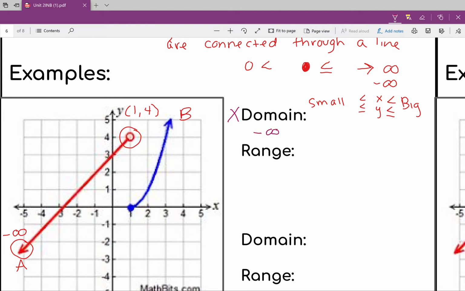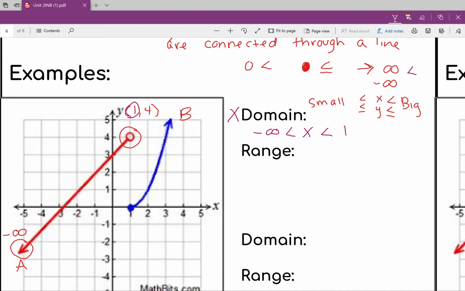Since it has an arrow, I'm going to use the less than symbol. I forgot to write that up here: when we use the arrow, we use that less than symbol. Domain is x. Then since we have an open circle, this is going to be less than, and our x value here is 1. So that's my answer for domain.